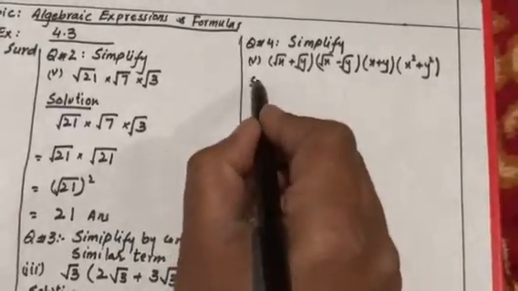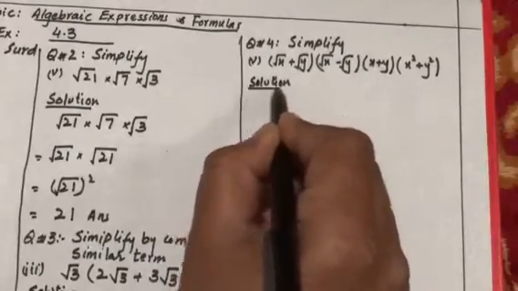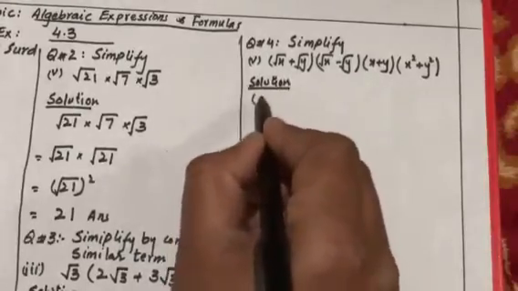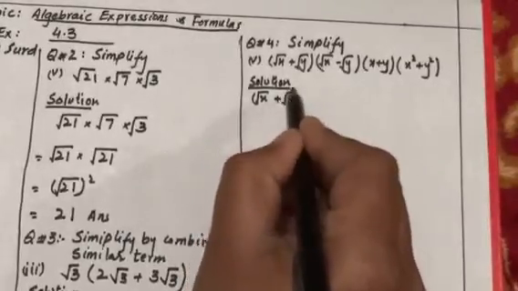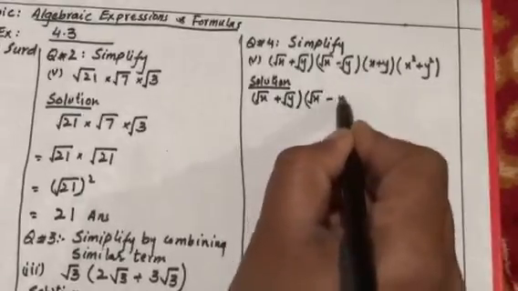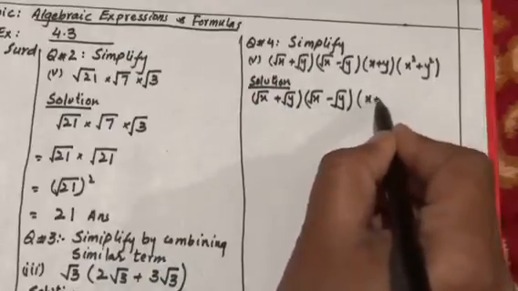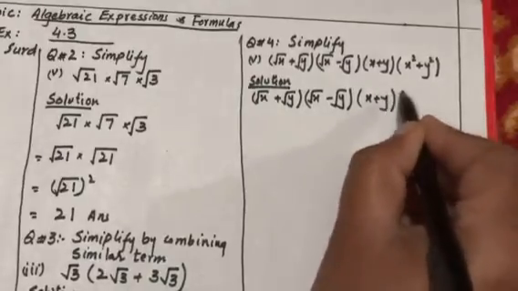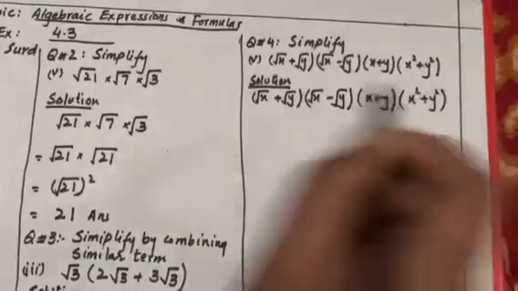So in solution, we will write the statement again: (√x + √y)(√x − √y)(x + y)(x² + y²).